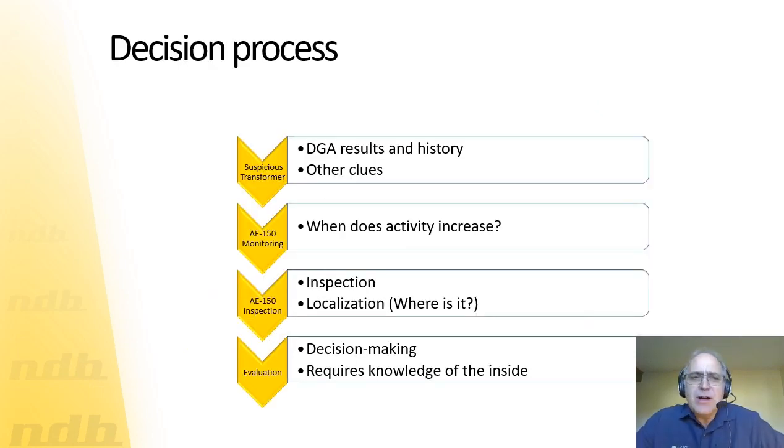So where do we use the AE-150? This is where you're going to understand where we're using it. We're not using the AE-150 before any other tool. We use it after we have a suspicious transformer. And this is important because DGA, this is an example, DGA is easy to do, cheap, and easy to obtain.